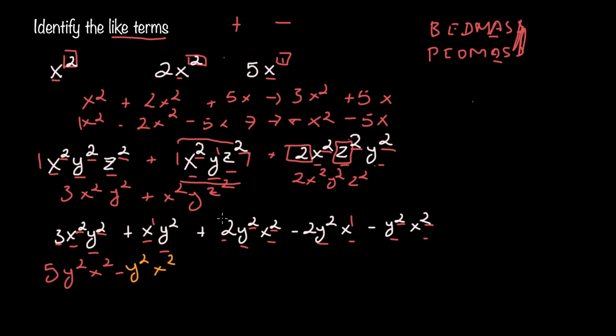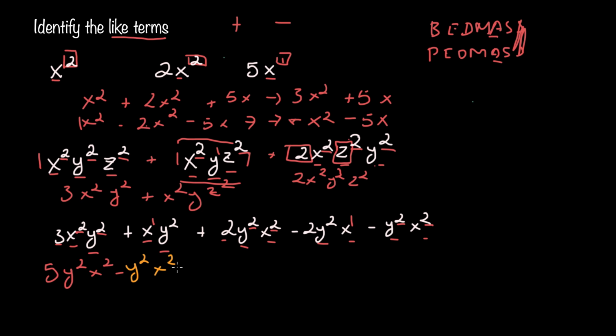So now let's try the second part of this expression. Remember, we left this x to the power of 1 and y to the power of 2. And if we look here, we have 2y to the power of 2 and x to the power of 1. So these are simply like terms. Let's try adding and subtracting. We have x to the power of 1 and y squared minus 2y squared and x to the power of 1.